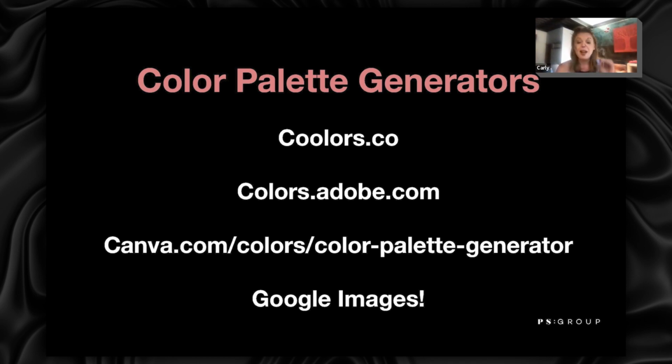Then Canva actually has a color palette generator where it does match an image. So you might want to pick out a primary color from something that is predominant in your photos, or maybe you're using an inspirational image and you want to match that. So Canva has that feature.